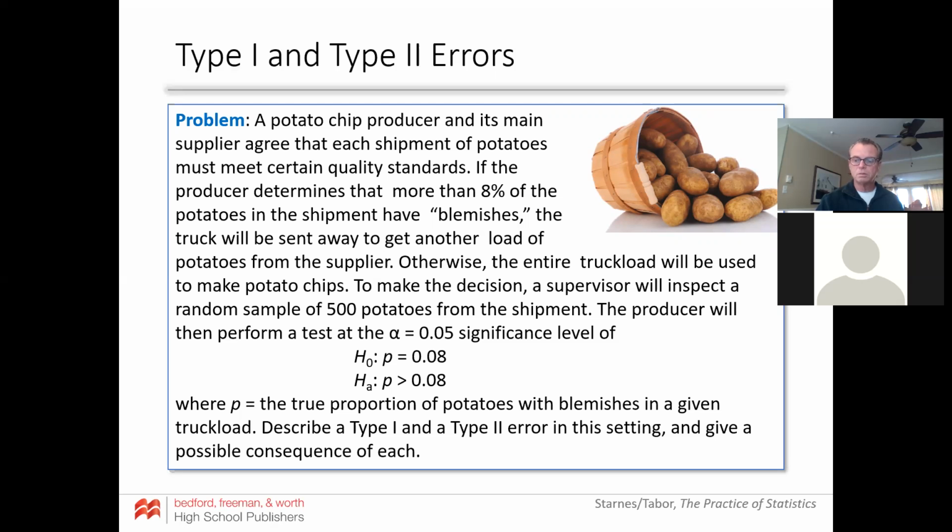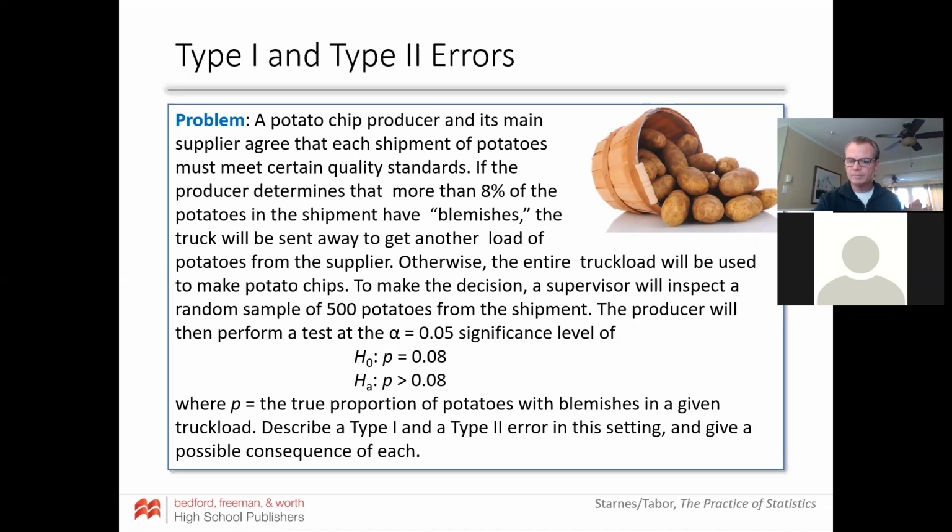Now, this is an AP level question, ready? Because it says, describe the type 1 and type 2 error in the setting, and what are the consequences, okay? So the null is, the proportion of bruised potatoes is 8%.